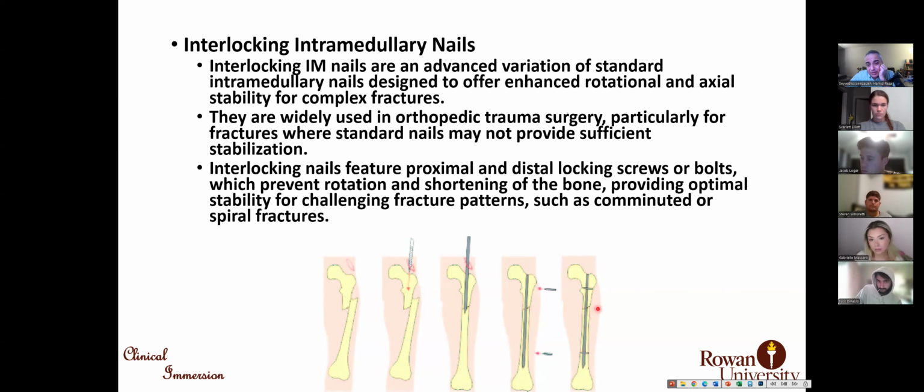Or sometimes there are many fragments here, and if you leave the nail here without interlocking, it gradually slides and there will be shortening. But based on the original length, we lock the nail and it doesn't allow any shortening here. And actually it revolutionized intramedullary nailing.